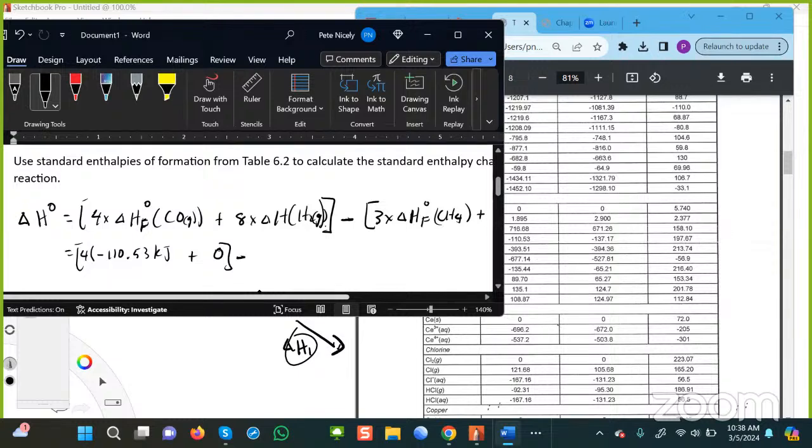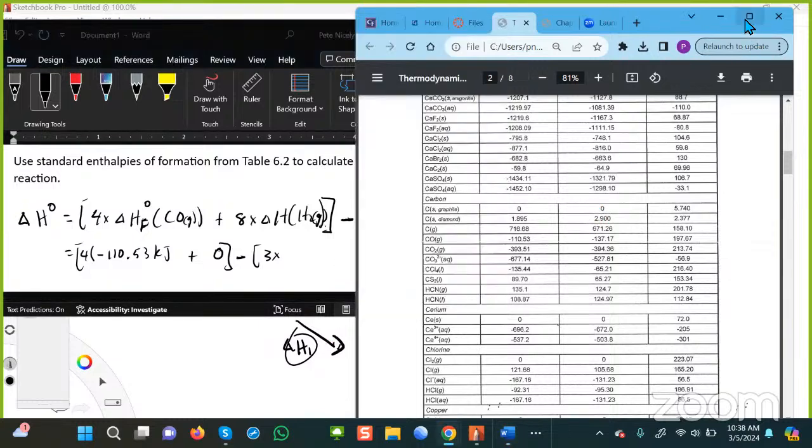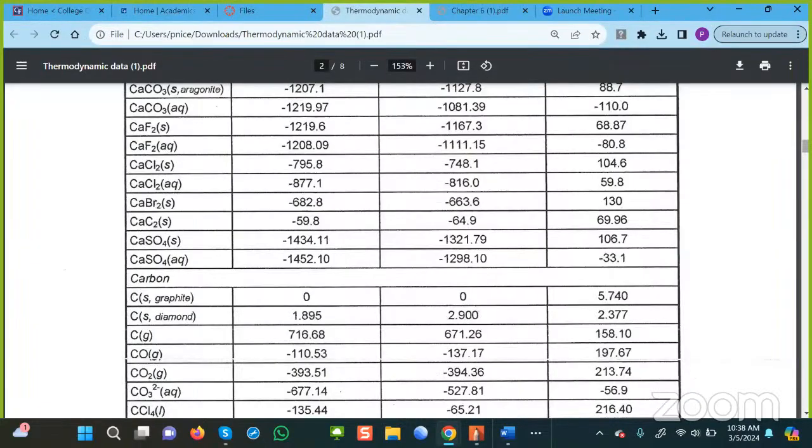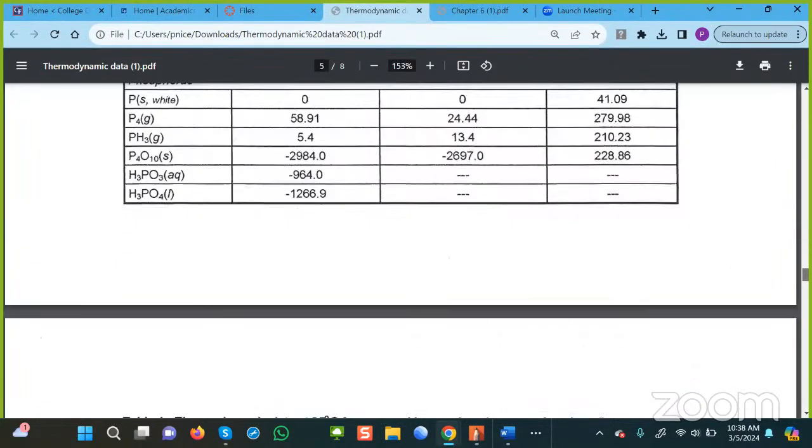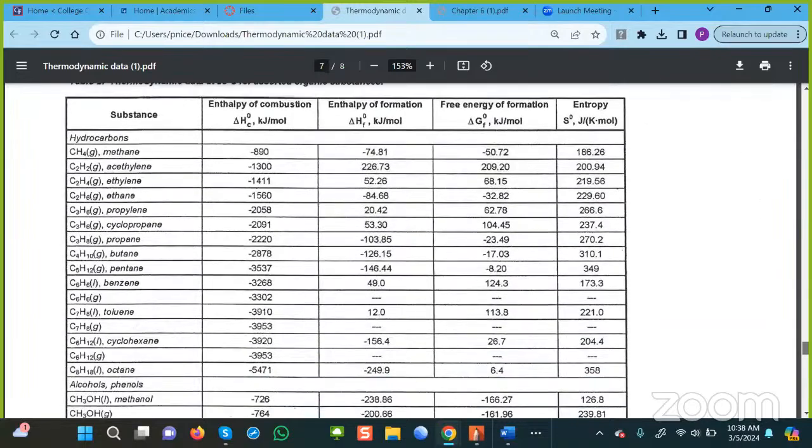And then on the reactant side, we have 3 times the enthalpy of formation of methane. Oh, and another thing I need to mention here. This table has a special last page, which basically deals with organic compounds. And methane is organic. Let me scroll down. So I'm talking about here, right?